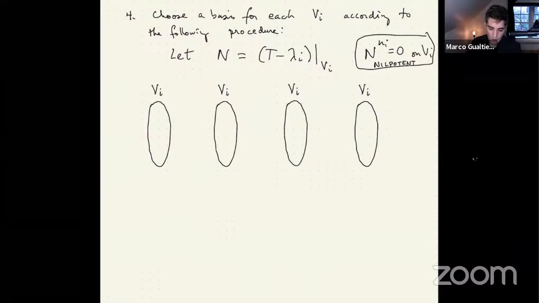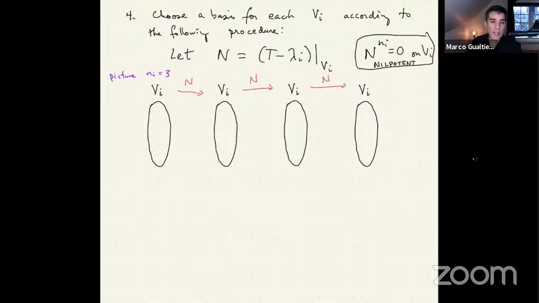Okay. And this is a picture for n^3 equals 0. So what I mean here is that if I apply n 3 times, I'm going to get 0. So this is an example of a nilpotent of step 3.